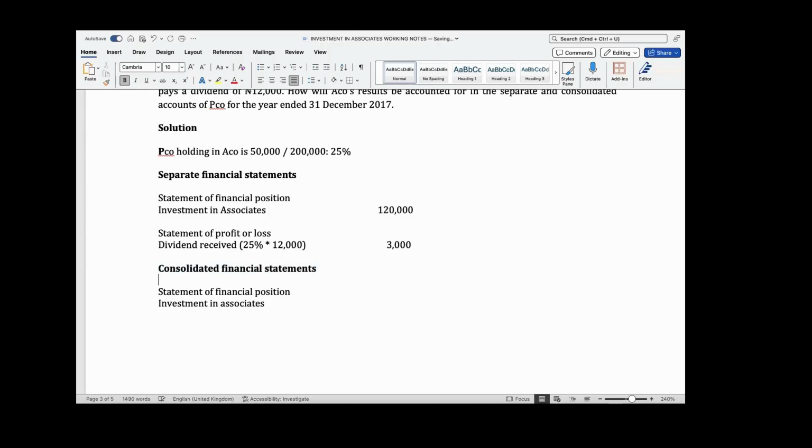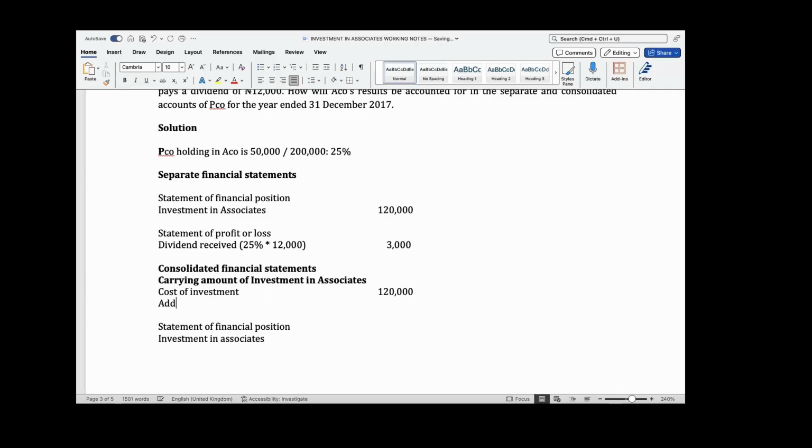So we will need to work it out. We need to get the carrying amount of investments in associates, which will be the cost of investments, which is 120,000.